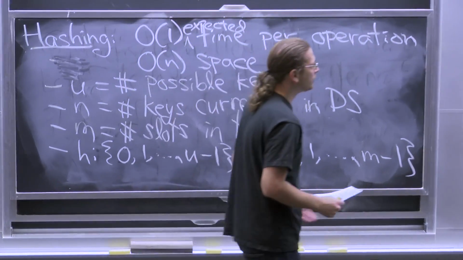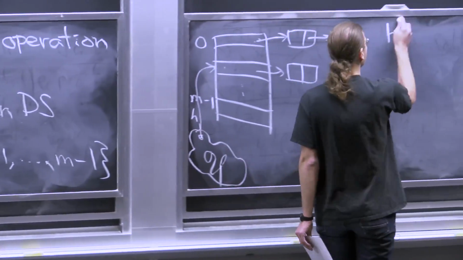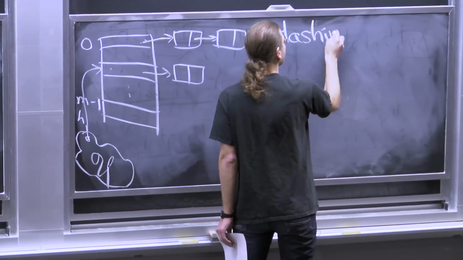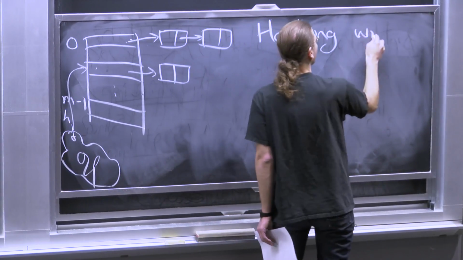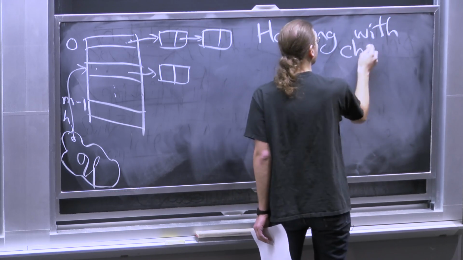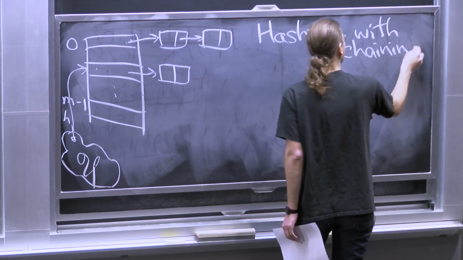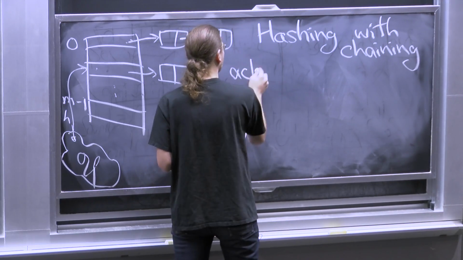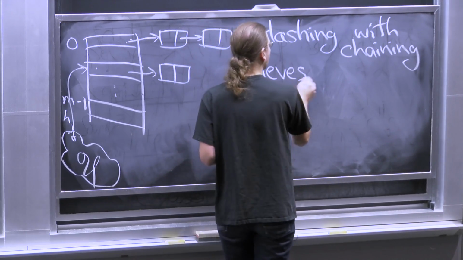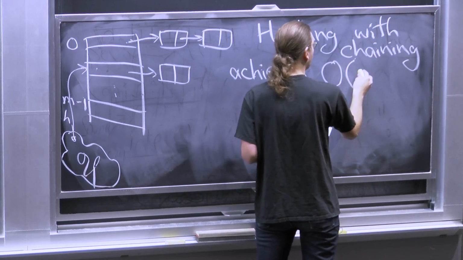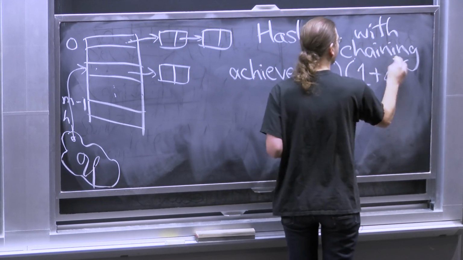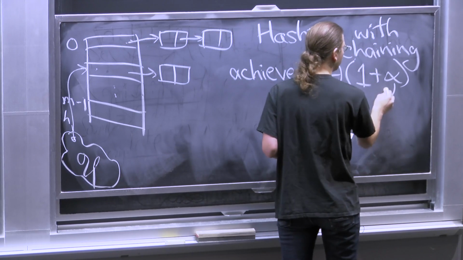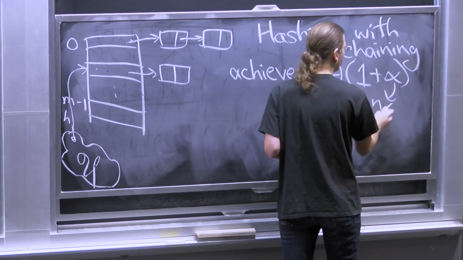And when we do hashing with chaining, I think I mentioned this last week, we achieve a bound of 1 plus alpha, where alpha is the load factor, n over m.